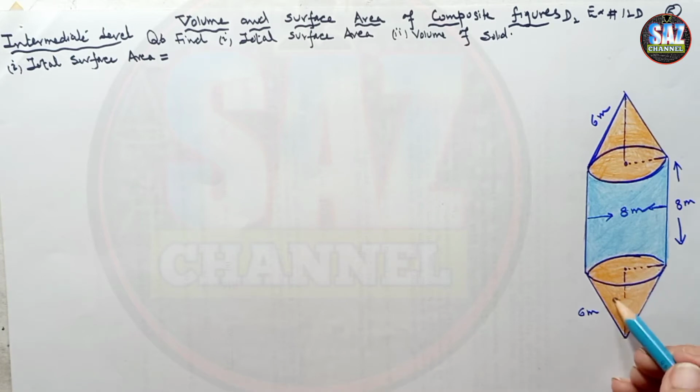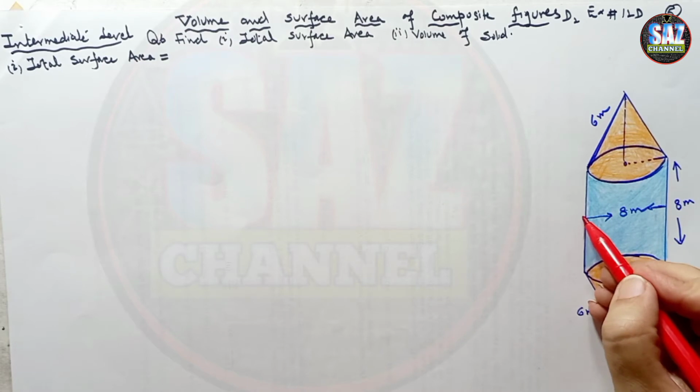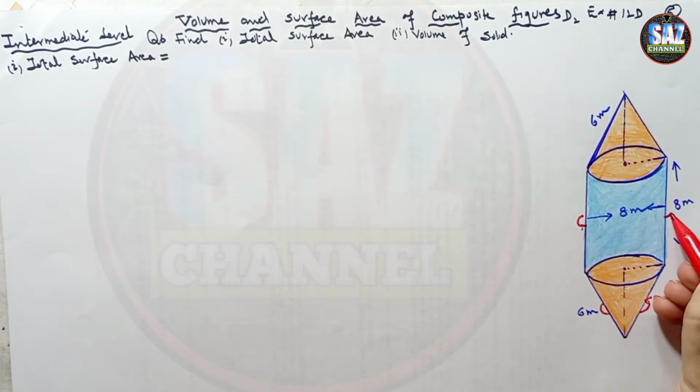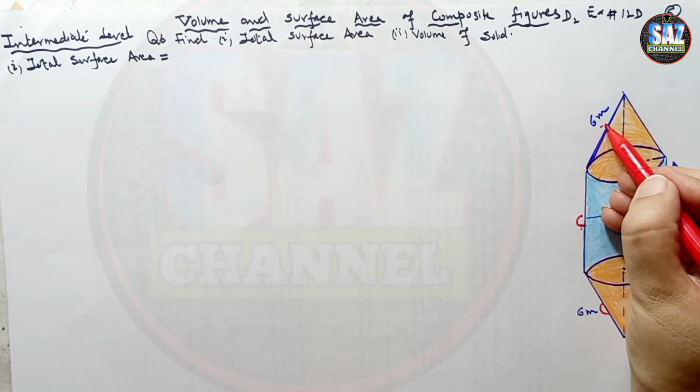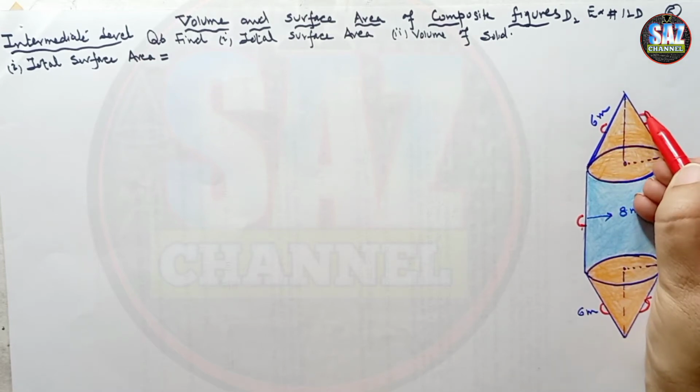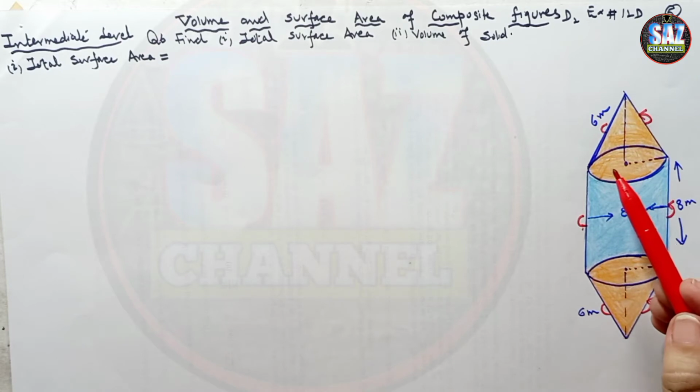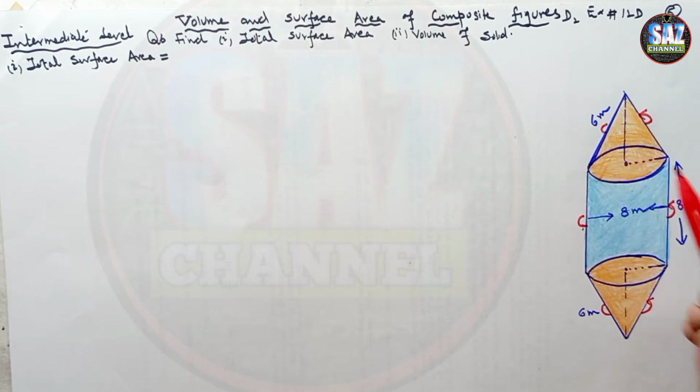So it means that we have to find the curved surface area of this cone, the curved surface area of this cylinder, and the curved surface area of the cone at the top. If it is clear that this circular top or bottom is not included in the surface area of composite figures, then the concept of surface area will really be easy.